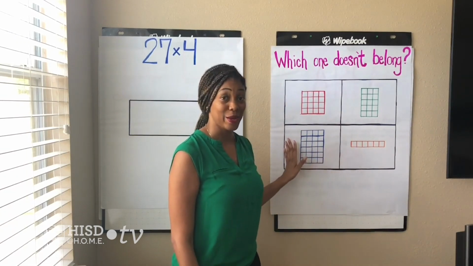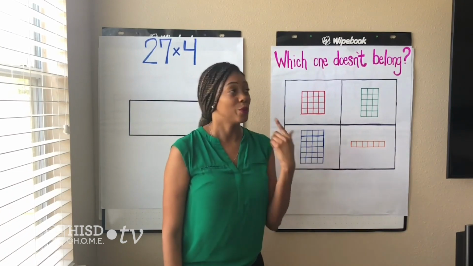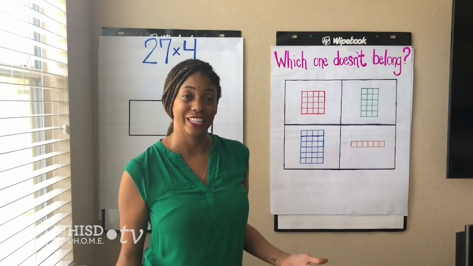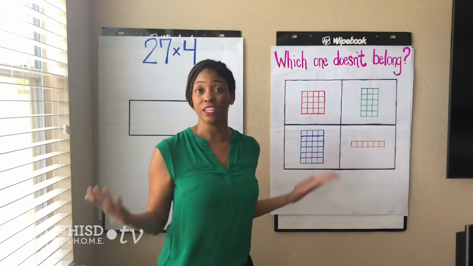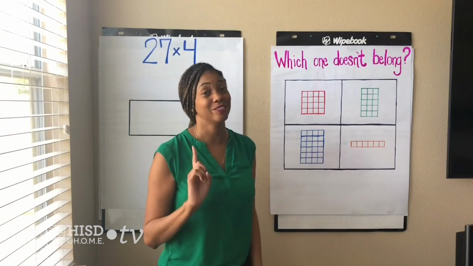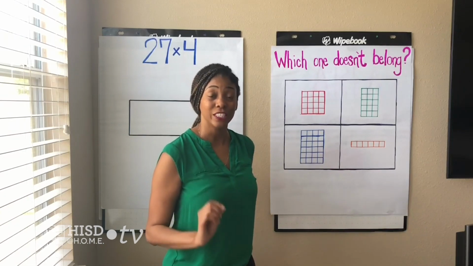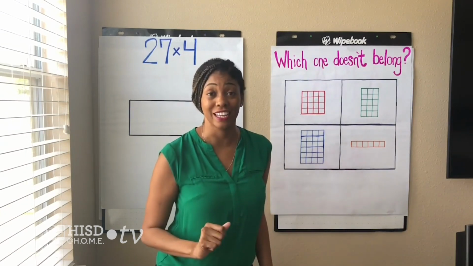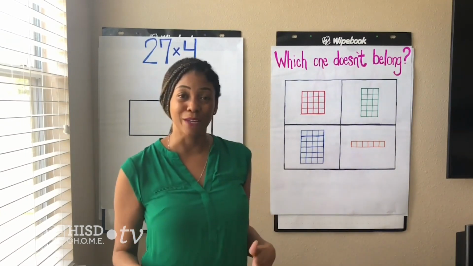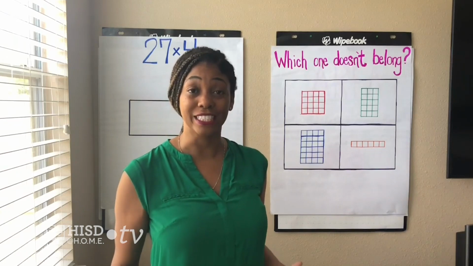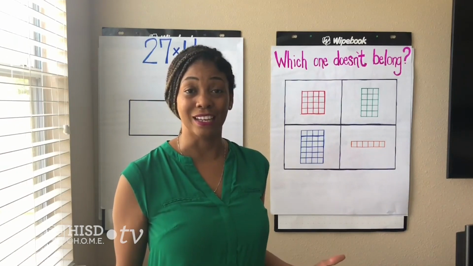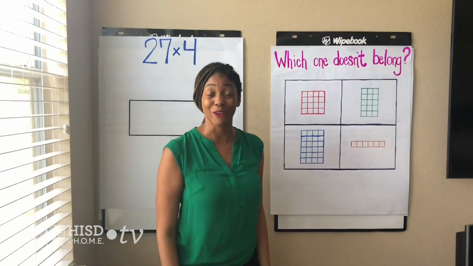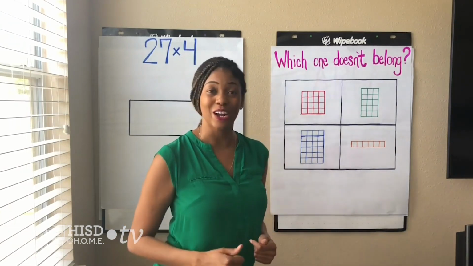Remember, this activity is all about explaining your thinking, so it could be any answer. There's not one right answer. As you notice something, write it on your paper and put your explanation as to why you feel it doesn't belong. At the end of this activity, we'll see if we come up with the same things. Okay, let's get started.